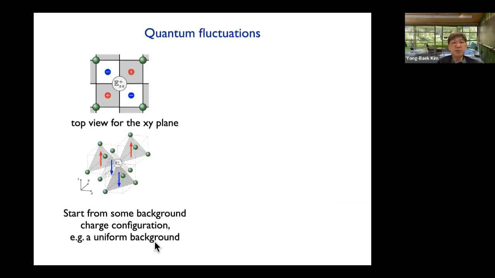If you start from some background charge configuration, meaning some background electric field configuration, here I can start with some uniform background. If you apply a raising operator on one location of the tetrahedron, you create this quadrupolar-like configuration on the b tetrahedron center.